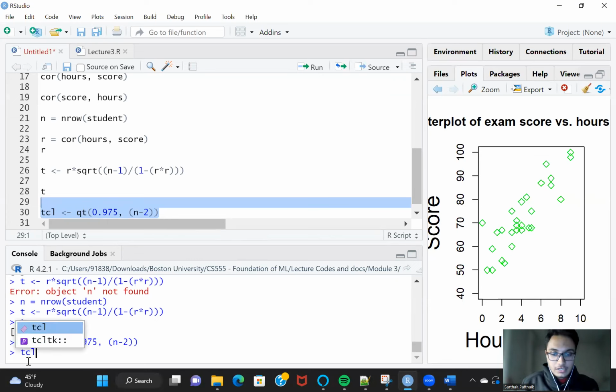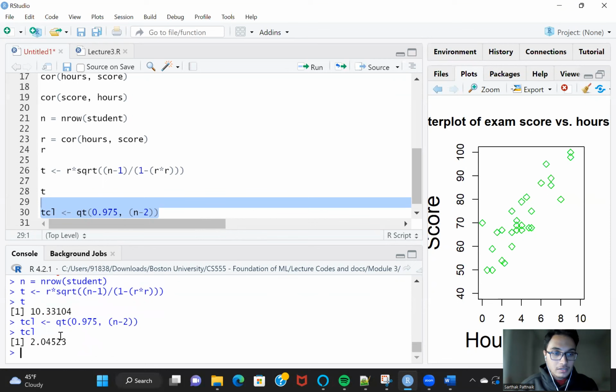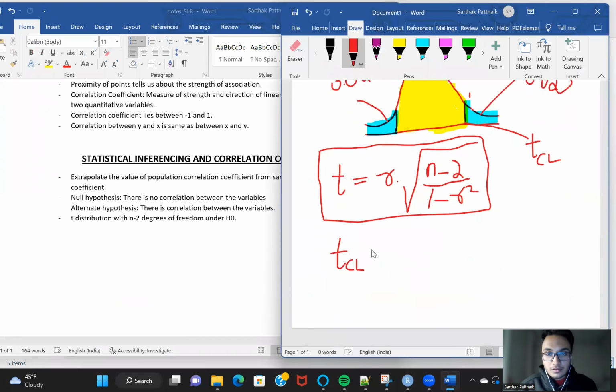Let's check the value of t critical. It comes out to be 2.045. This is somewhere around 10.33.